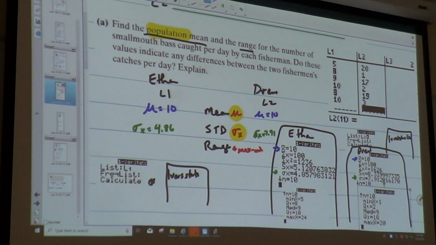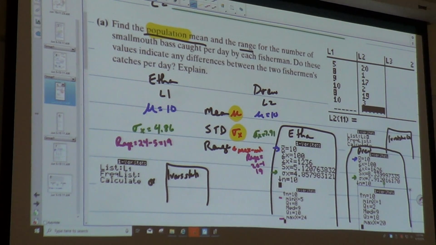Now, my range is going to be high minus low. What is my high? 24 minus 5 is 19. And for this one, my range is going to be 20 minus 1, which is 19.